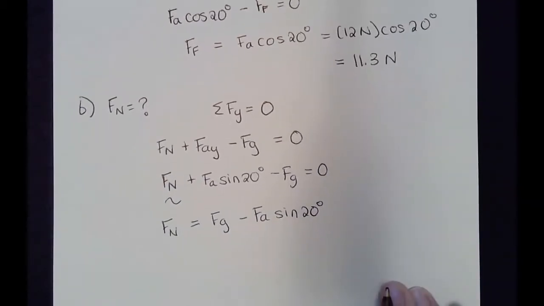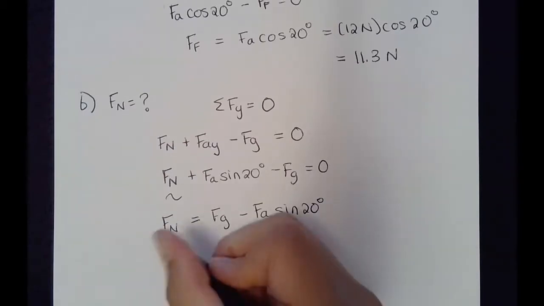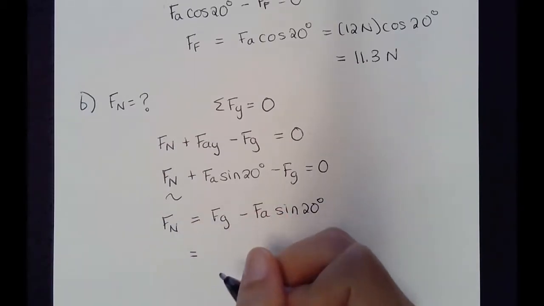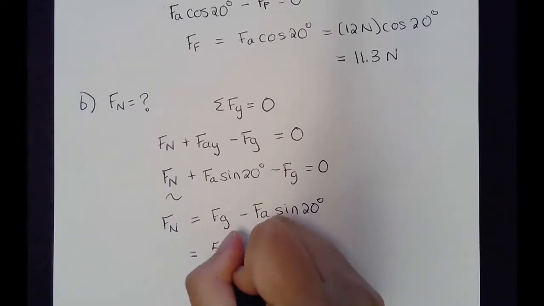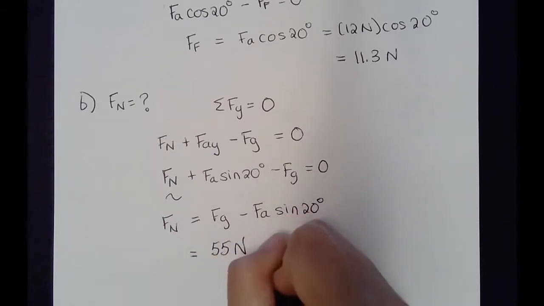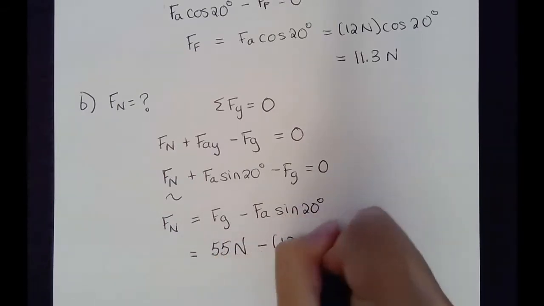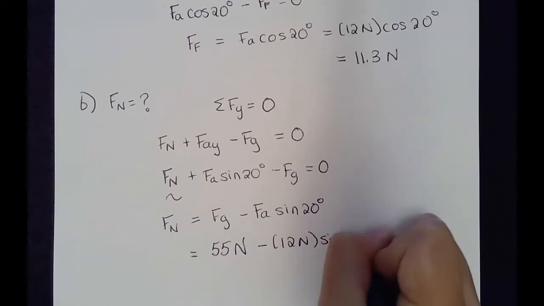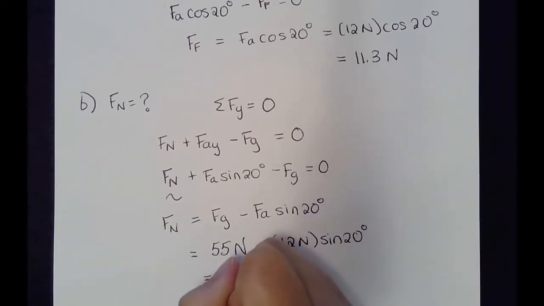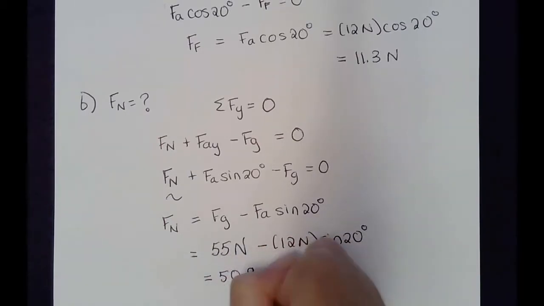We were given the weight in the question, so pay attention to the units. We were told it's a 55 newton suitcase. So that is Fg. We have 55 newtons minus 12 newtons sine 20. And that gives me 50.9 newtons for the normal force acting on the suitcase.